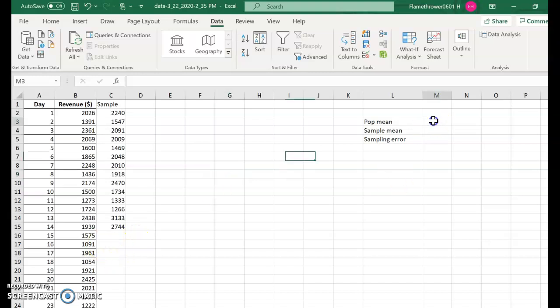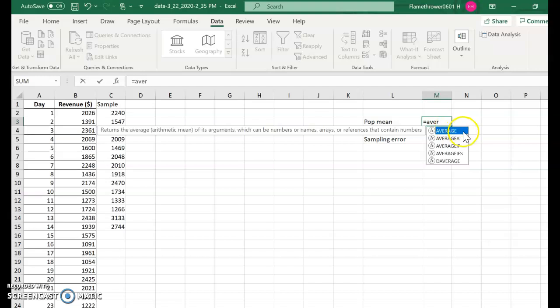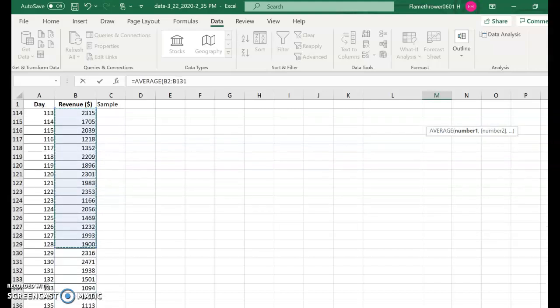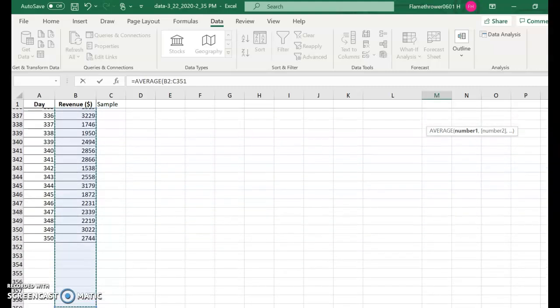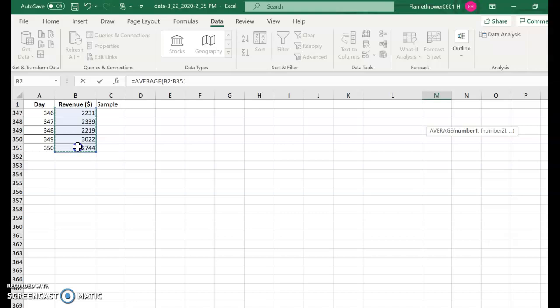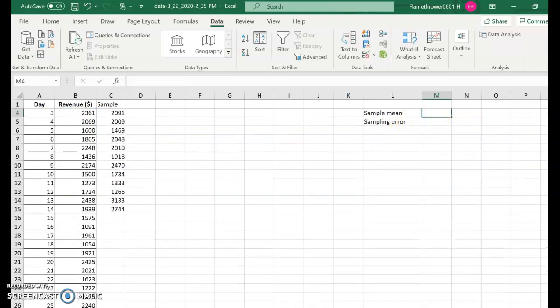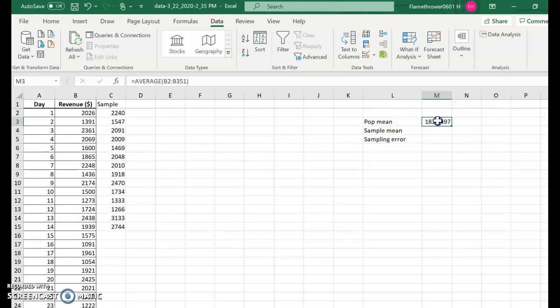So to get your population mean, you're going to do equals, find the average, and then just highlight all of your population data just like we did a minute ago. And if you don't want to highlight, you can type in your cells. Okay, so I have my population mean.